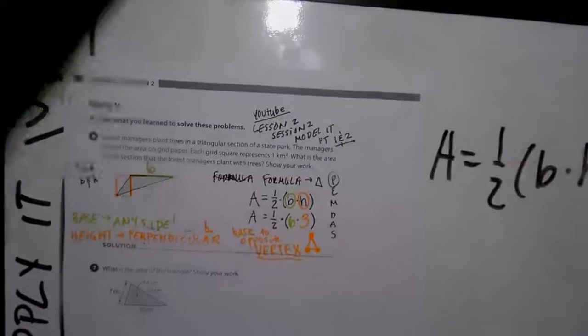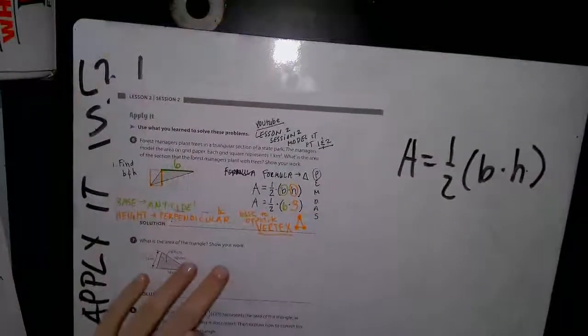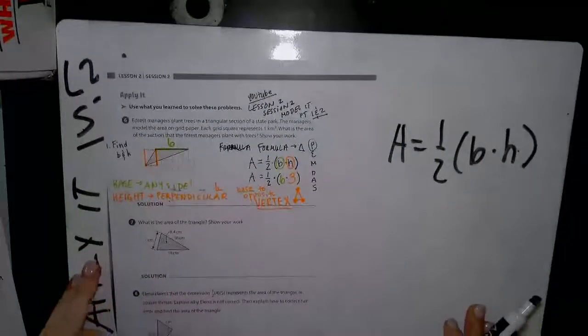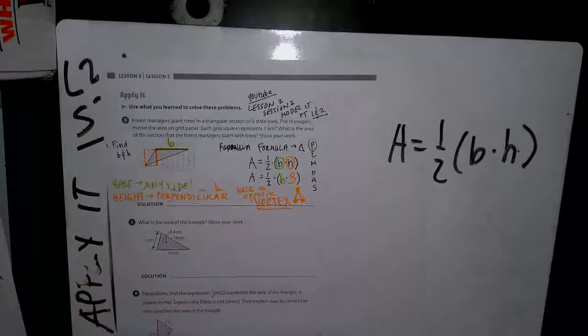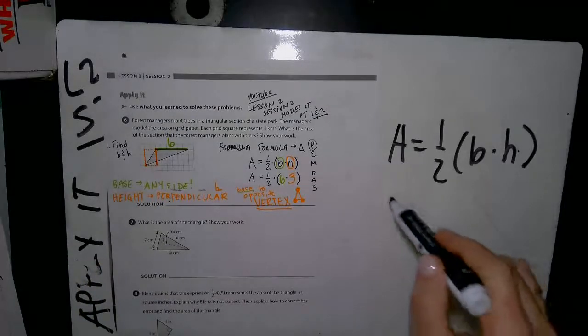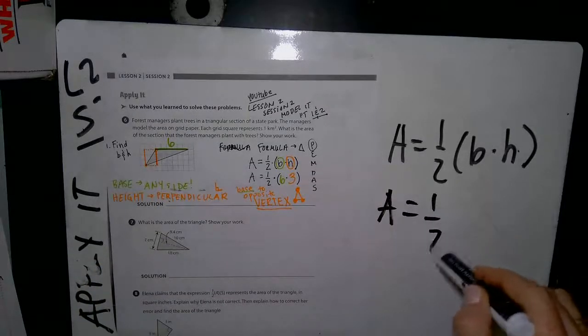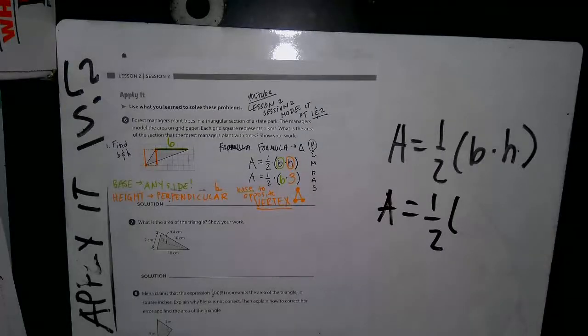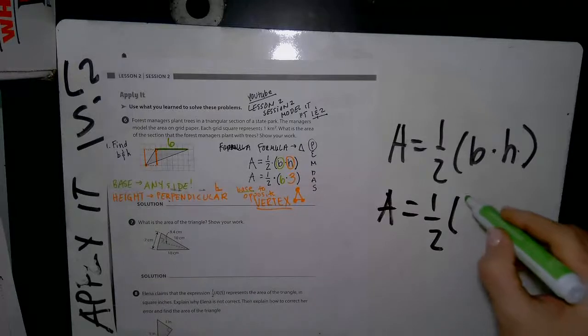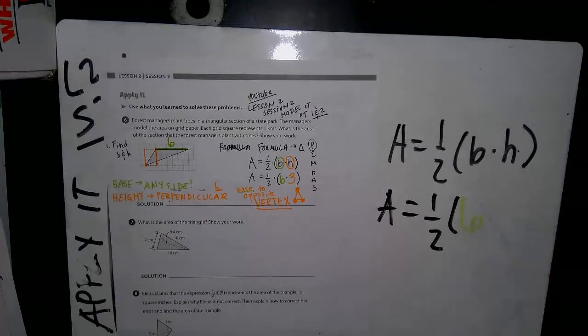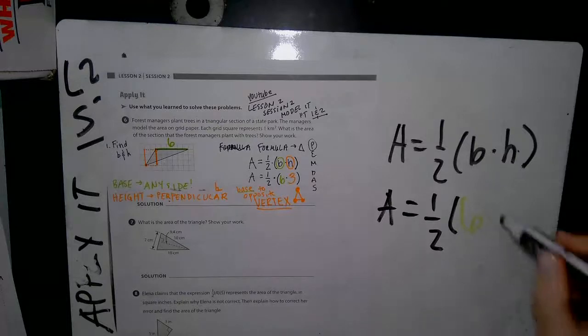Still learning how to use this, of course, as we are with everything this year. So A equals 1/2 base times height. I just found my base, which is 6, and I found my height, which was 3.